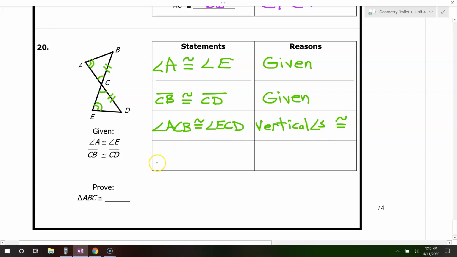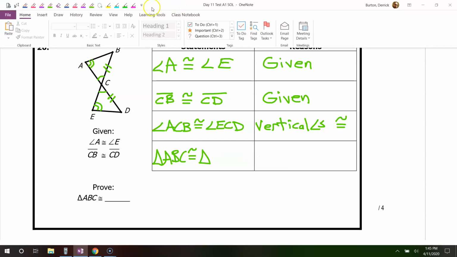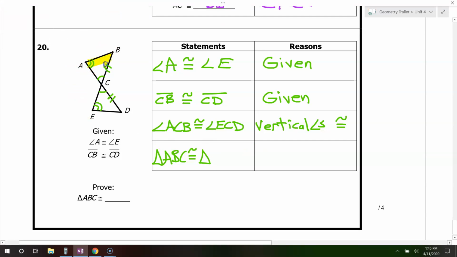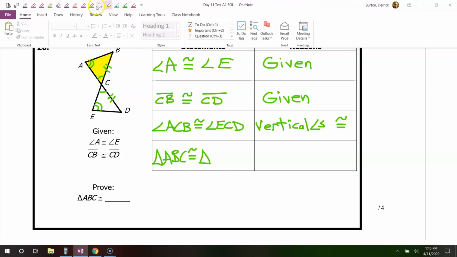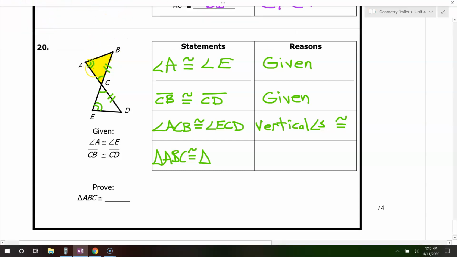Okay, now it's time to prove that the triangles are congruent. All right, so we have triangle ABC is congruent to triangle. First, we have to say why they're going to be congruent. So looking at just one triangle at a time, let's look at triangle ABC, for example. All right, what do we have marked? We have two angles and a side.